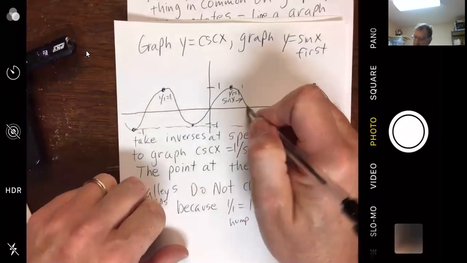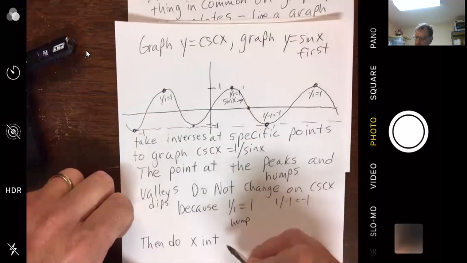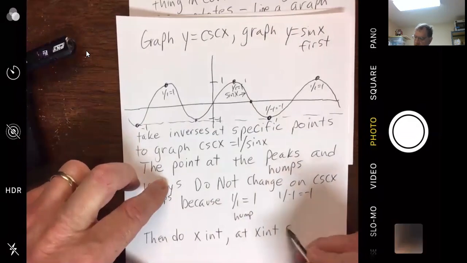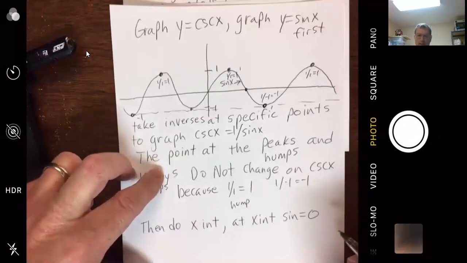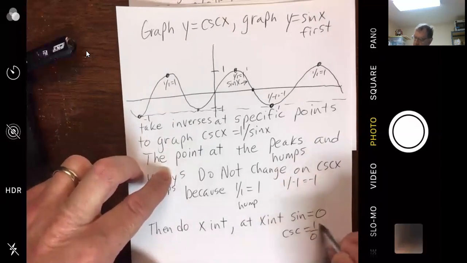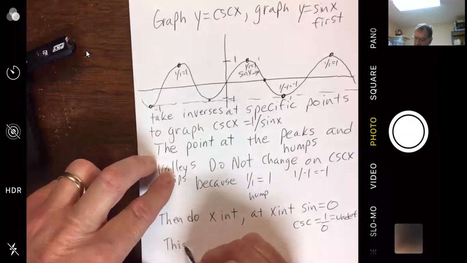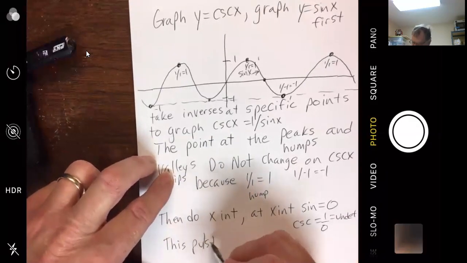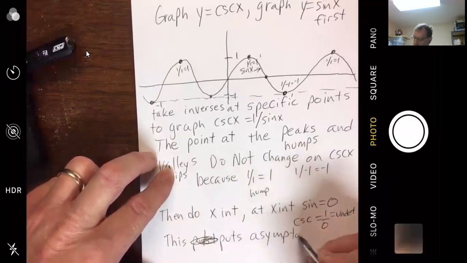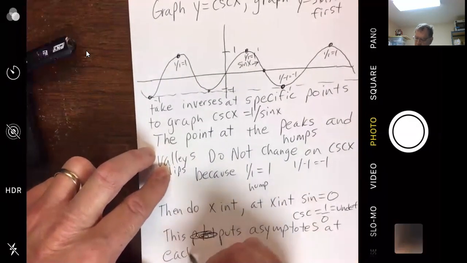Okay, the next points are the x-intercepts, because at the x-intercepts, sine equals 0. Cosecant will then equal 1 over 0, which is undefined. This puts asymptotes at each x-intercept.